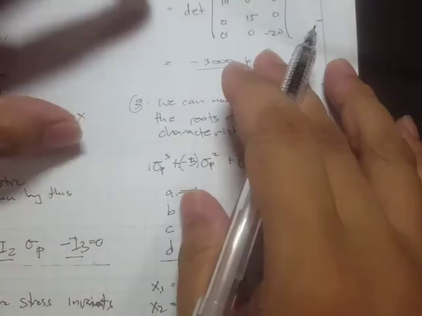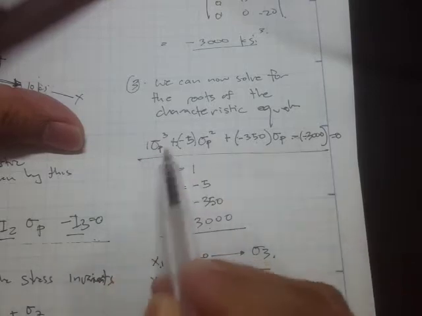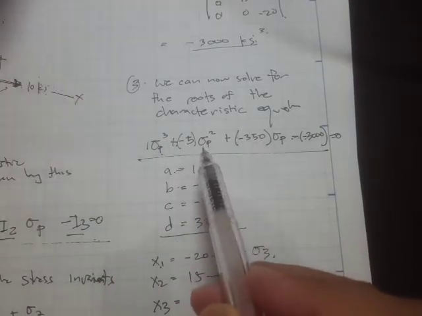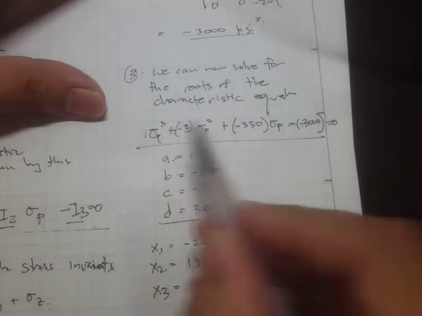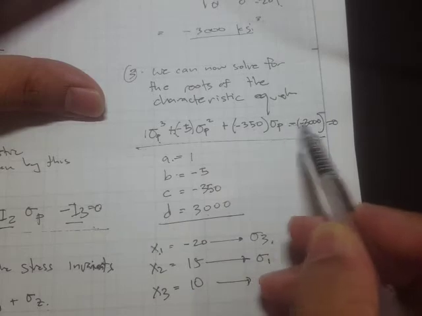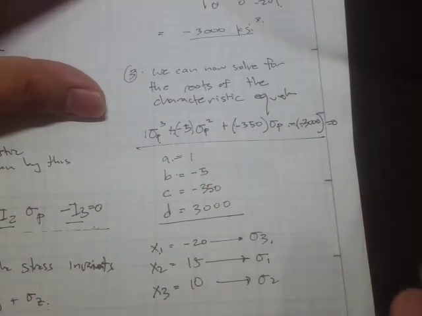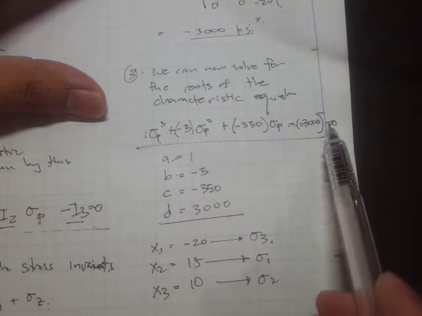After that, once you have the stress invariants, we can solve for the roots of the equation using the calculator as well, using the equation mode. We just have to take note of the signs, positive, positive, and positive right here, because that's the default arrangement in our calculator.